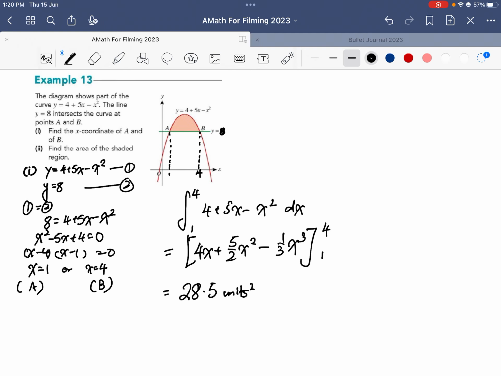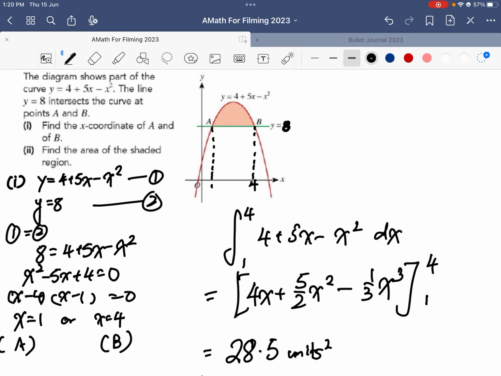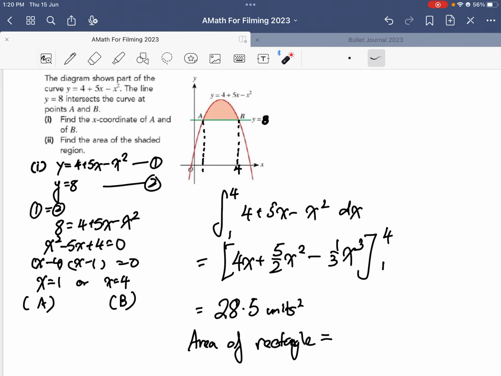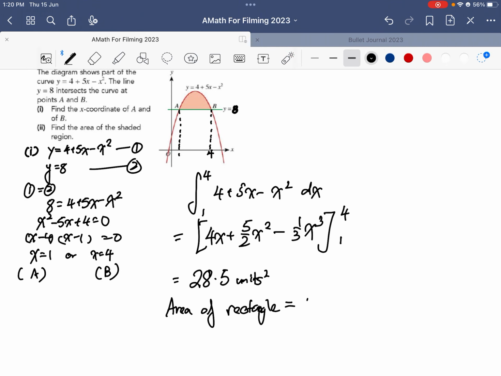Now what we have here is to find the area of the rectangle. If you see, this breadth is 3 units, this height is 8 units, hence the area of the rectangle is equal to 8 by 3, which is 24 units squared.